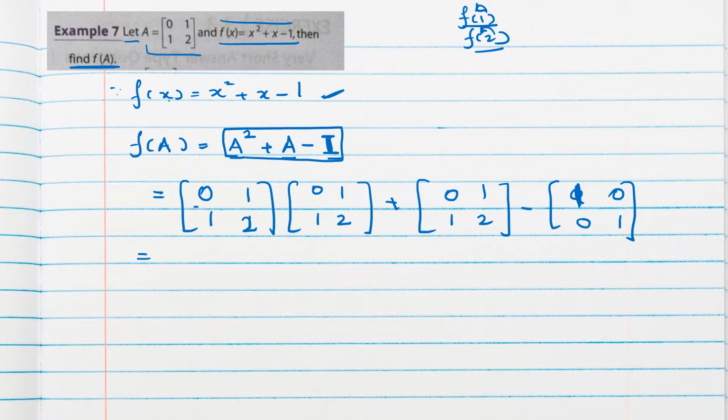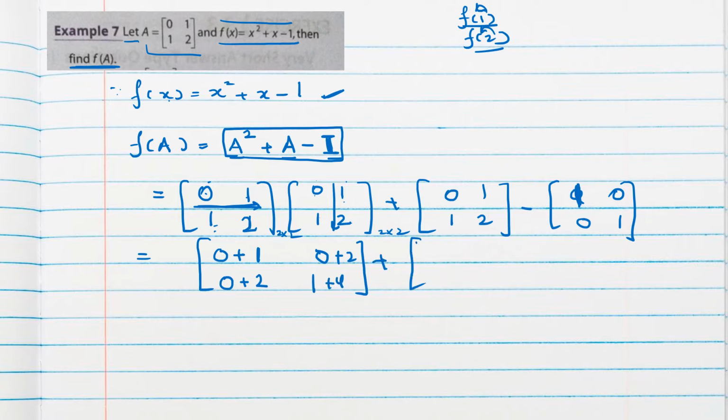Okay, so here multiplication of matrices of 2 by 2 order will come. This is 2 by 2, this is 2 by 2. So first row, first column: 0 into 0 is 0, 1 into 1 is 1, so 1. Then 0 into 1 is 0, 1 into 2 is 2, so 2. Then 2, then 1 plus 4, which is 5.